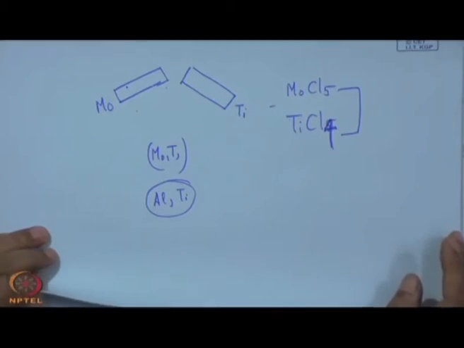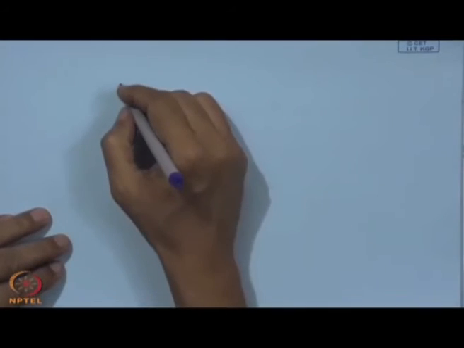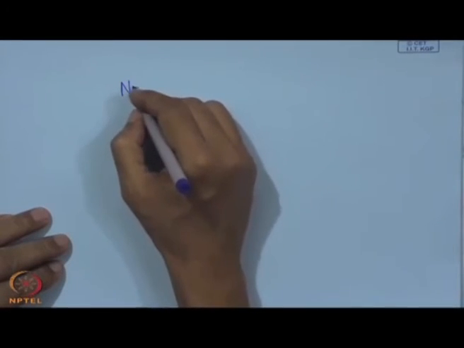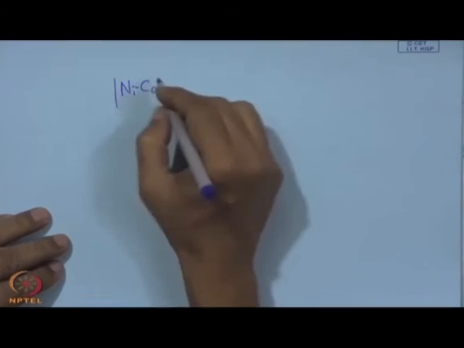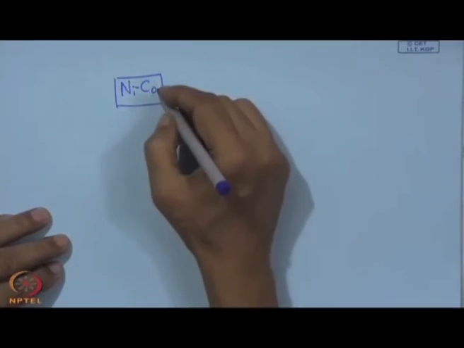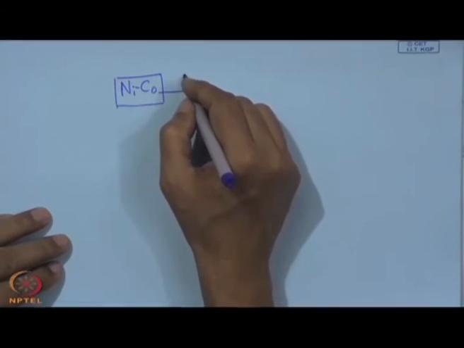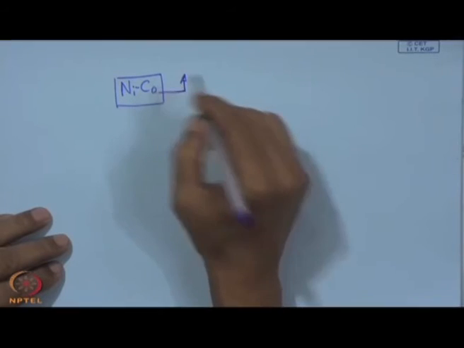So, that is not uncommon. In this case, say for example, nickel and cobalt. That is one very promising pair, and it finds immediate use in industry because of the augmented capability given by cobalt.